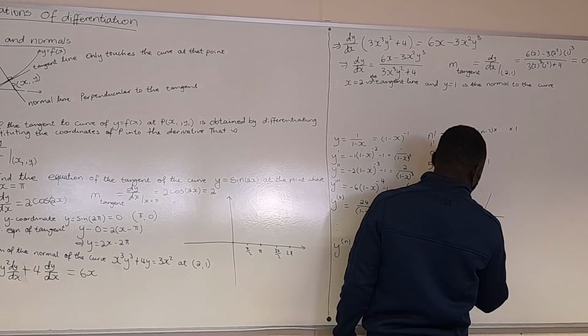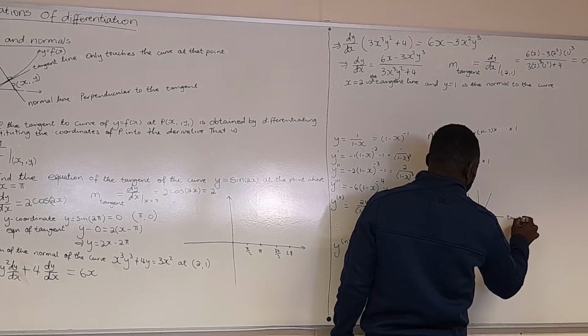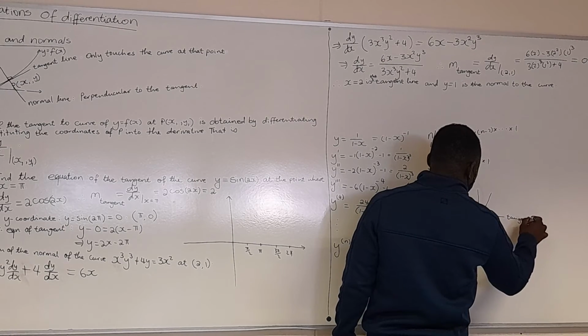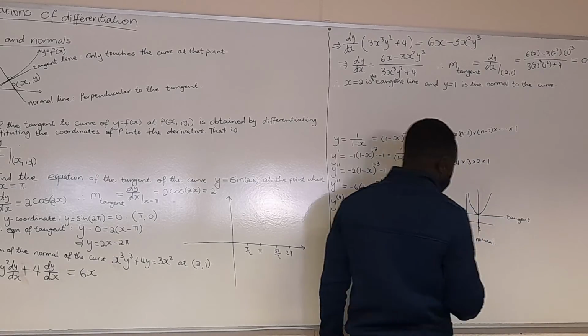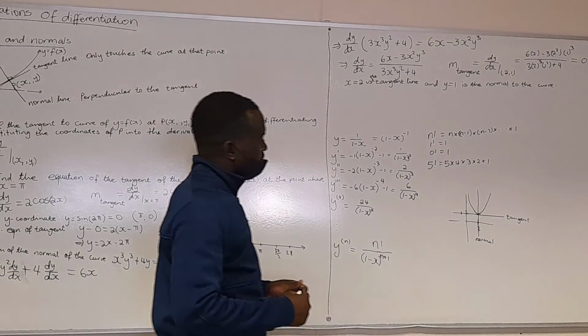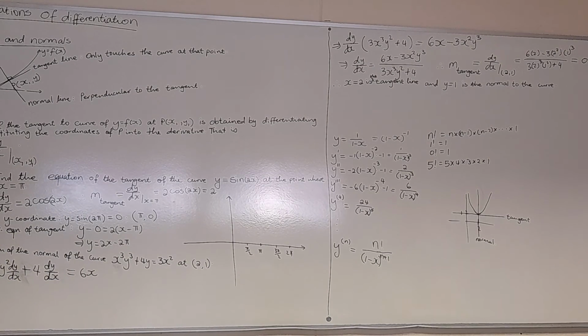Then you have the tangent line there and the normal line here. I'm not saying that the curve is like that, but that's an example.